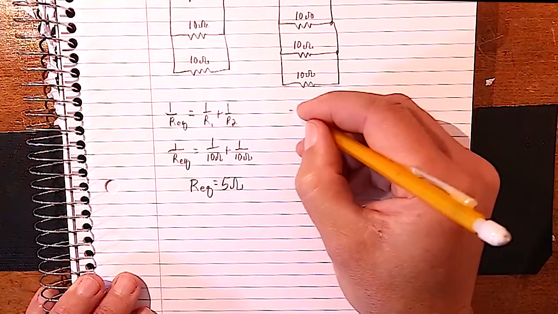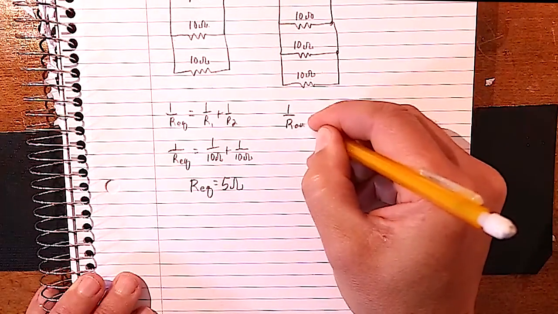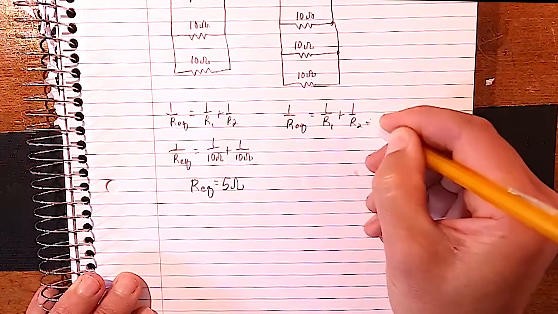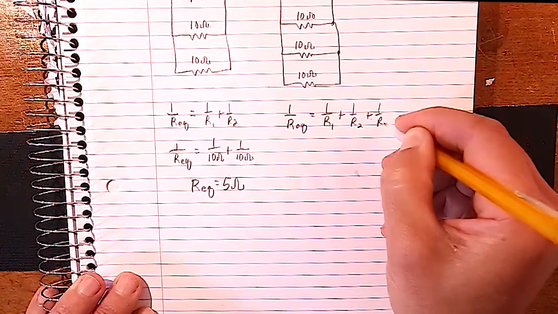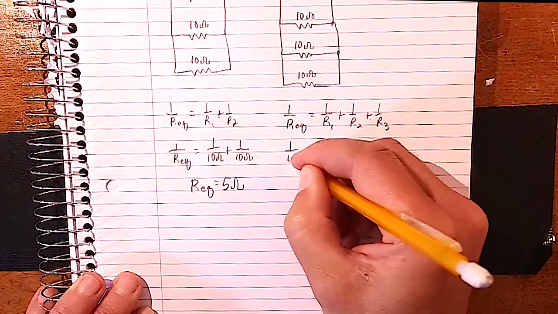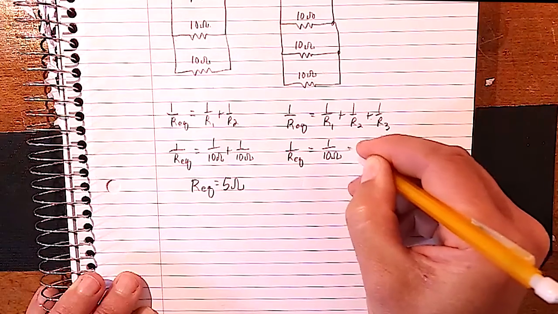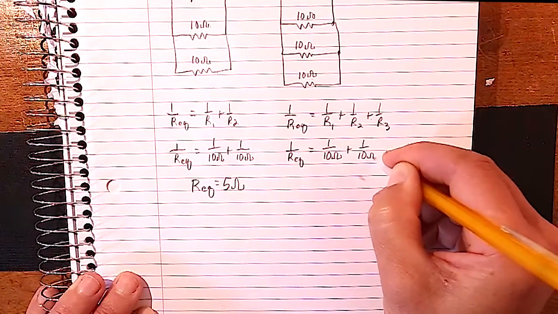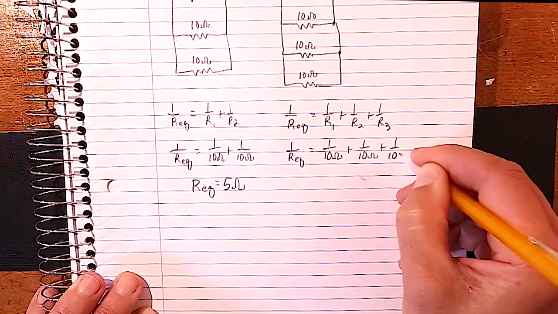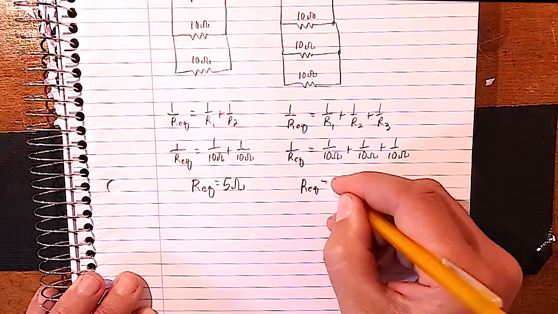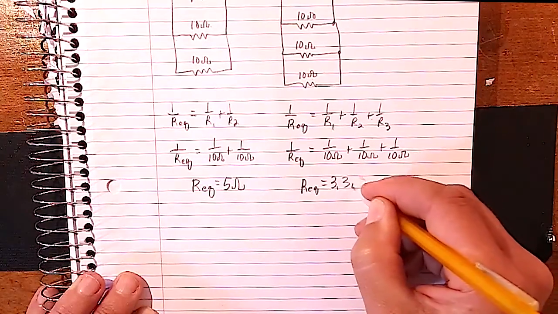But if we do this for the second circuit, now we have 1 over R1 plus 1 over R2 plus 1 over R3. So what's that going to give us for our Req? Well, that's 1 over 10 ohms plus 1 over 10 ohms plus 1 over 10 ohms. And when you do that, you get an Req of 3.3 ohms.